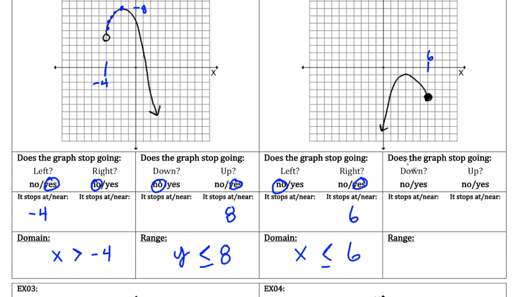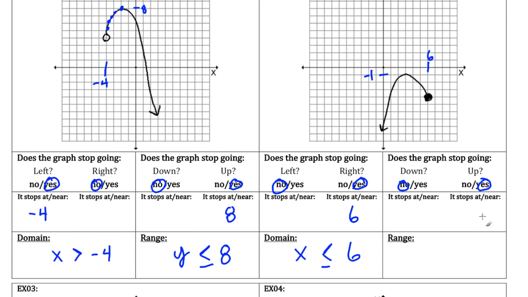Now let's start talking about the range, so how far up and down it goes. Does it ever stop going down? No. No limitations there. Does it ever stop going up? Yeah, it stops going up right here when y is -1.